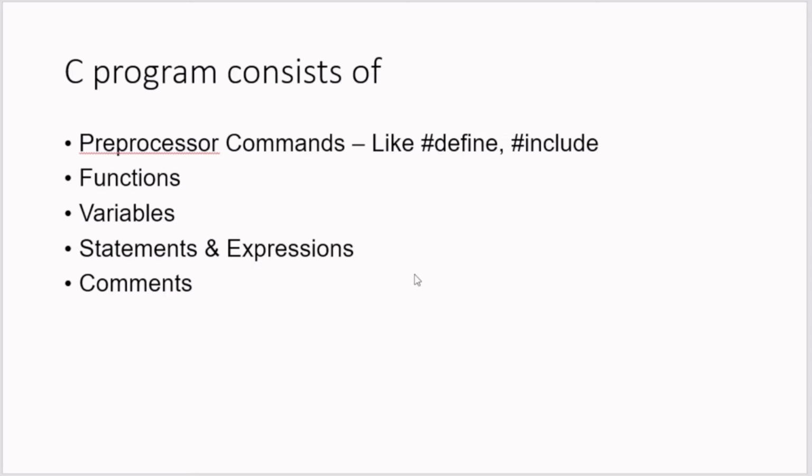The processor first sees these lines to know what libraries it needs to start interacting with your program and run it. So hash include is a command that includes all the library files that you need for the particular program that you're going to write.